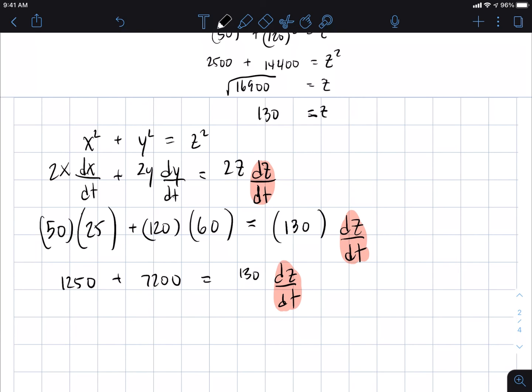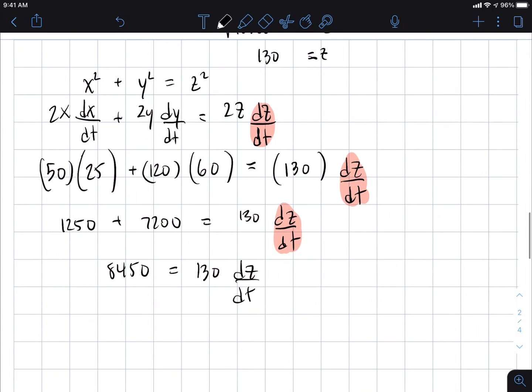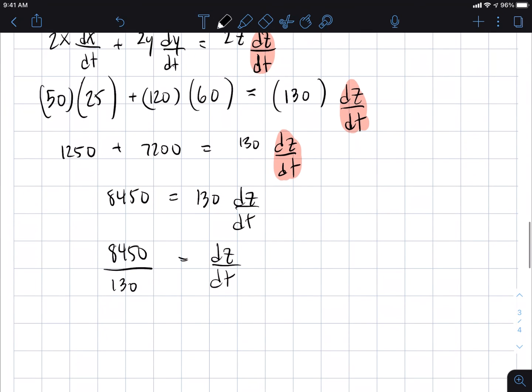What is that going to be? 8450 is equal to 130 dz/dt. And I think that comes out to be 65 miles per hour.